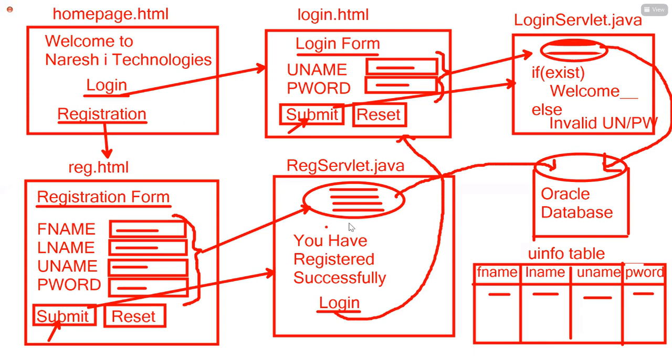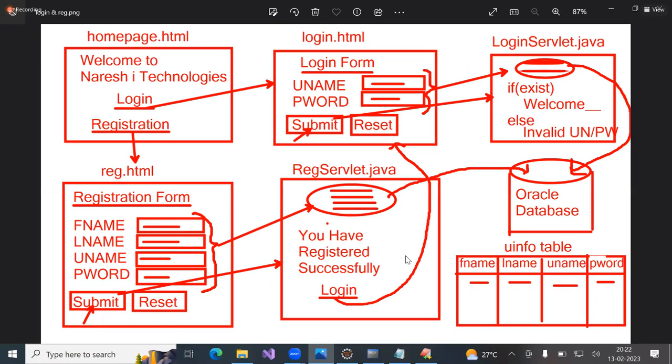So in the registration servlet and the login servlet, both places we wrote HTML, Java, SQL, three languages. HTML is passed to the browser, SQL is passed to the database, and the servlet code is executed in the server. JDBC is also on the server. Only SQL is passed. So HTML, SQL, Java, three language code is there. Okay.